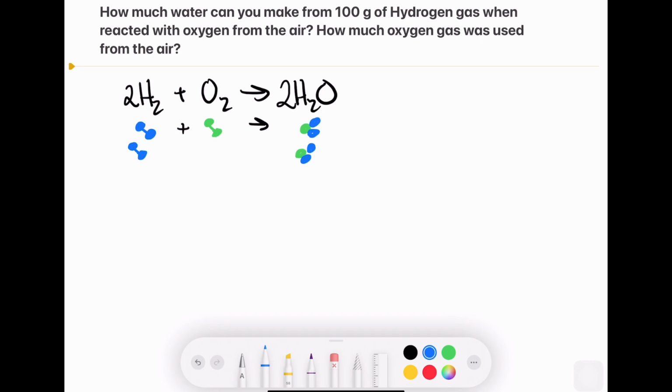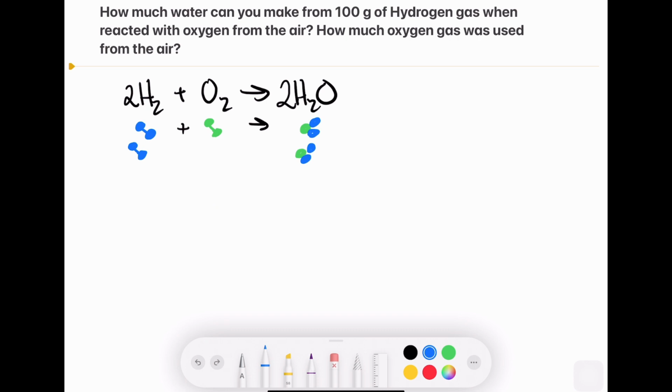But what that really means is the 2 and the 1 and the 2 aren't super important, other than that it's a ratio. Hopefully you can see here that if I doubled my hydrogens to 4, let's say, I would need to also double my oxygens to 2, and I could make 4 waters. And so it's the ratio that's important here.